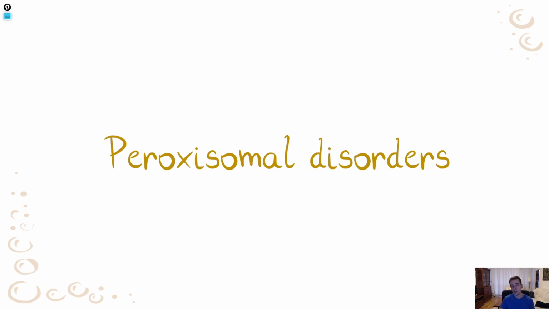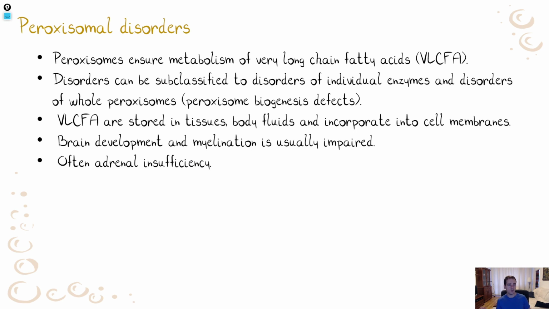And the last few sentences will be about peroxisomal disorders. Peroxisomes are quite unique organelles. They ensure metabolism of fatty acids with a very long chain. As a consequence, those very long chain fatty acids are stored in various tissues. They can be found in body fluids, and they also incorporate into cell membranes.